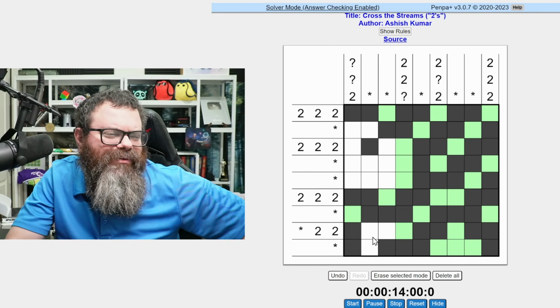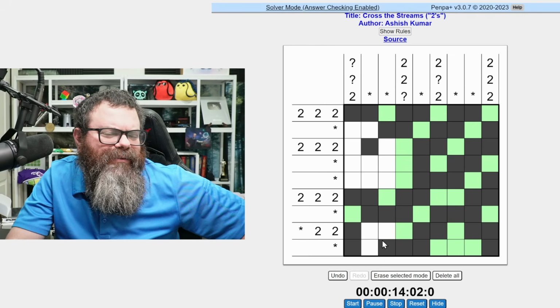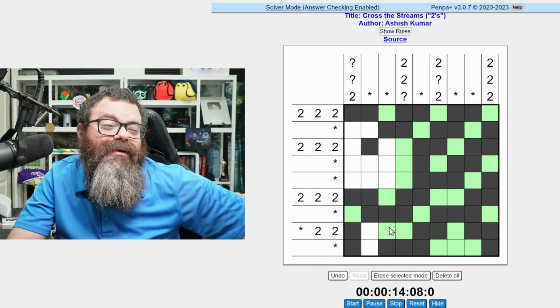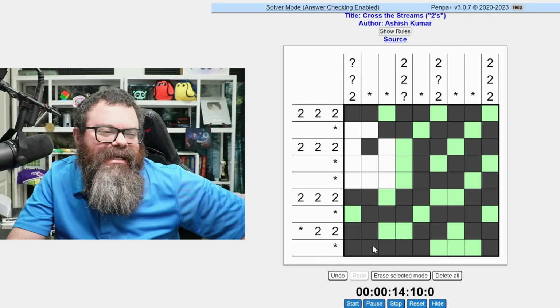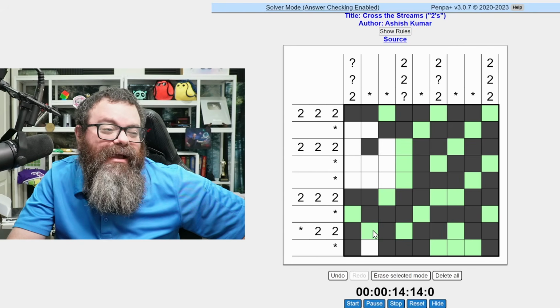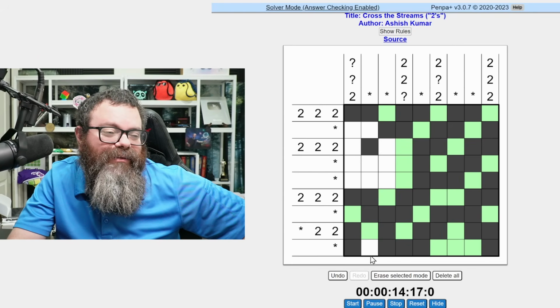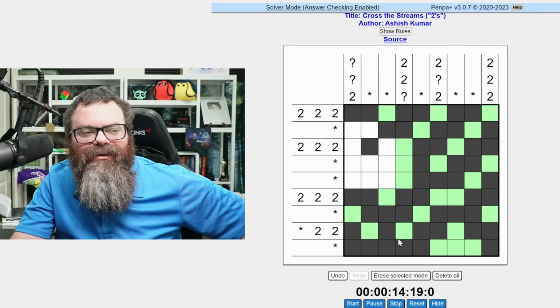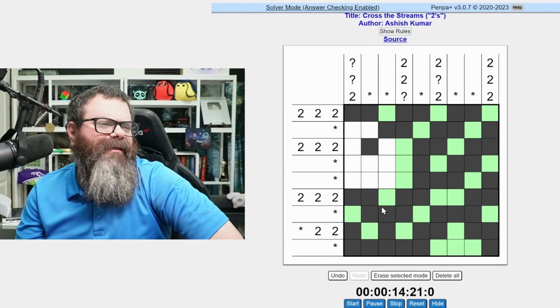Is there a 2 by 2 I'm missing? Like, obviously, I need to shade some of these. Can I get away with not shading? Okay, I can't get away with not shading this because that makes a 2 by 2. So I gotta shade that one. And now don't make a 2 by 2. There we go. And now this has to get out. Okay, that's the only way to do it then.